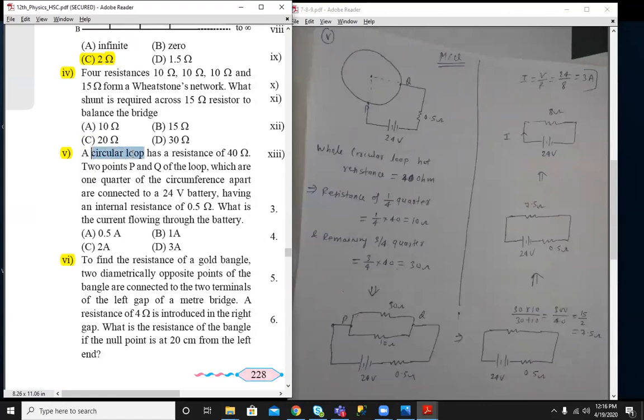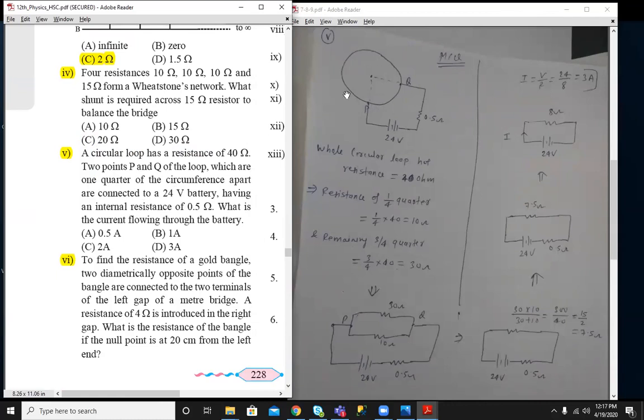Question 5: a circular loop has a resistance of 40 ohm. Two points P and Q of the loop, one quarter of the circumference apart, are connected to a 24-volt battery with an internal resistance of 0.5 ohm.